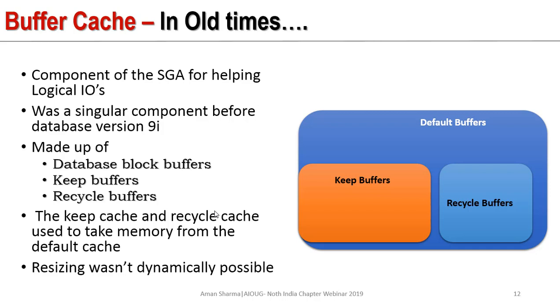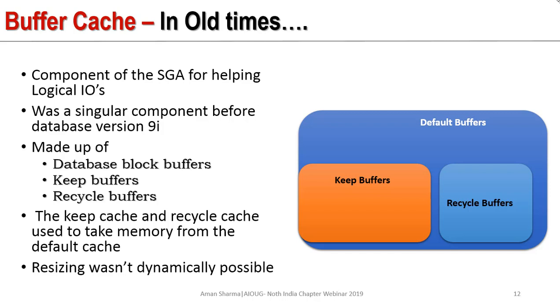So the database buffer cache was basically the standard cache available to you. In case you wanted particular buffers to be available for a longer duration compared to the algorithm serving the standard cache, you could put them in the keep, or in case you did not want buffers to be available for a very long time, you could put them into the recycle buffers.